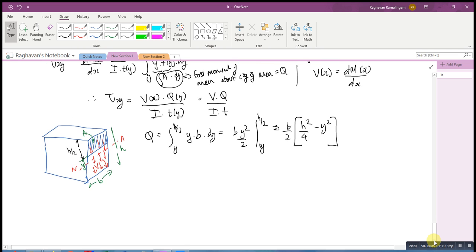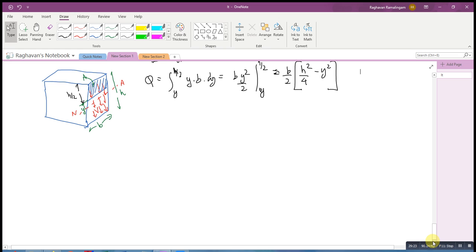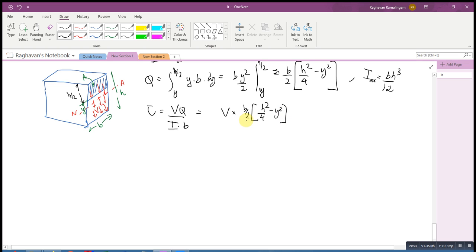We can go a little further and find out tau. We also know Ixx is bh cube by 12. So tau is VQ by I, and instead of t we say b because we're using the width as b. So V into b by 2 into h square by 4 minus y squared, divided by bh cube by 12 into b.